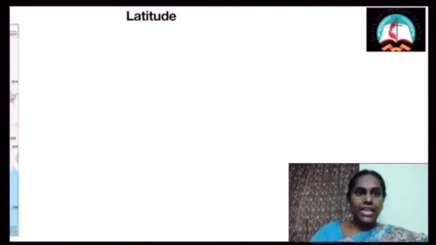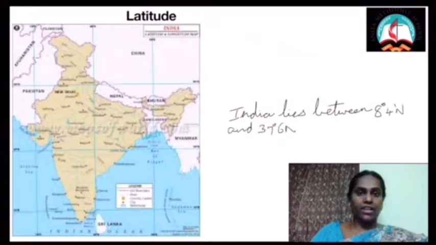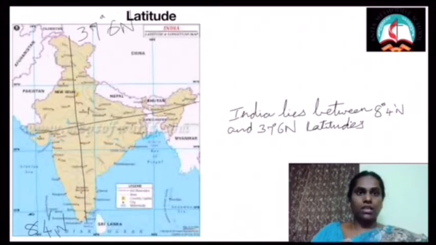Latitudinally, India lies between 8 degree 4 minutes north and 37 degree 6 minutes north latitudes. The Tropic of Cancer divides the country into two equal halves.